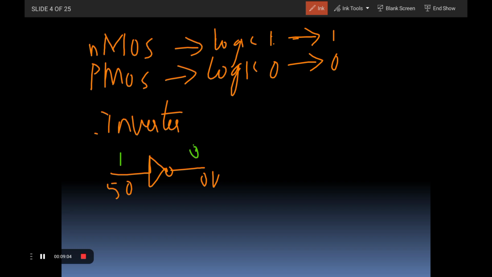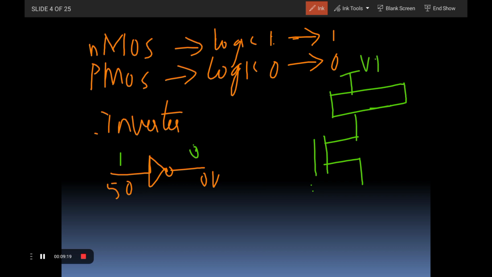Note here, for this case, let us see the nMOS transistor representation. This nMOS transistor can be connected to a network. It is connected to VDD. This can be treated as ground, and this as the output. Here I will supply the input voltage.